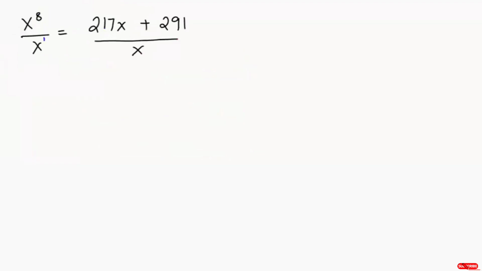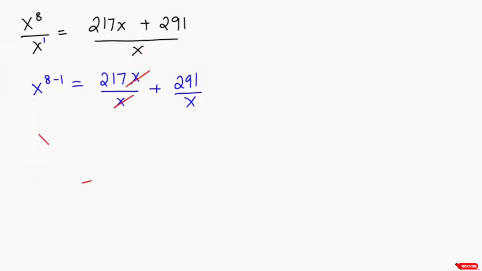Here we have one power. So according to the exponential rule, this will turn to x to the power of 8 minus 1 is equals to, here this 217x divisible with both, this numerator 291 over x. Here this will be cancelled out.